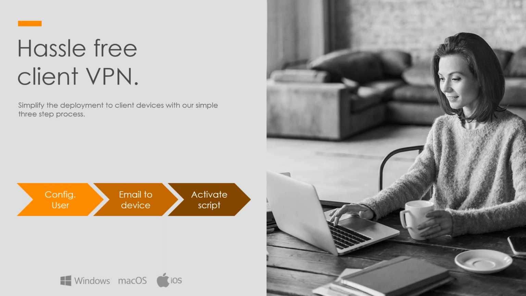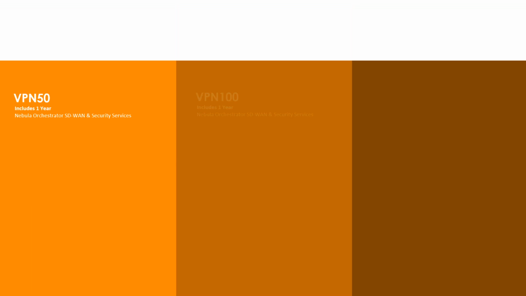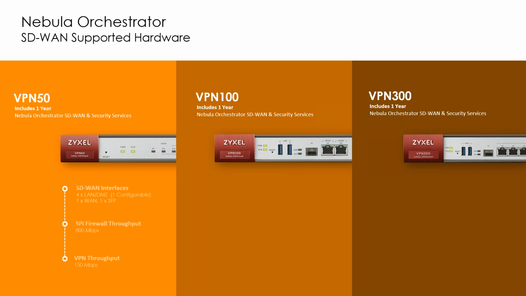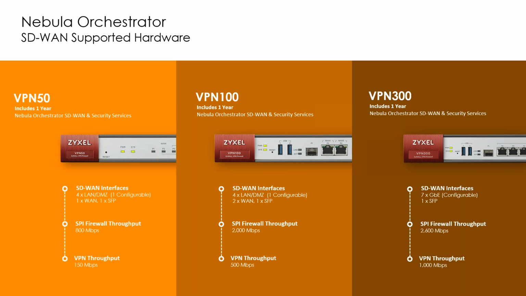Okay, then we move onwards to the hardware part of the solution. The SD-WAN solution is available on the VPN series, VPN 50, 100 and 300 models. The major difference is, of course, the bigger the gateway, the faster it is, as you can see on the slide. But the VPN 50 and 100 models are fanless, so they produce no noise whatsoever, so very friendly for office installations where you do not have an isolated cabinet for your networking equipment.